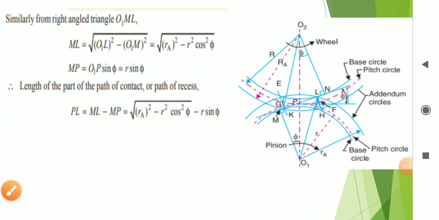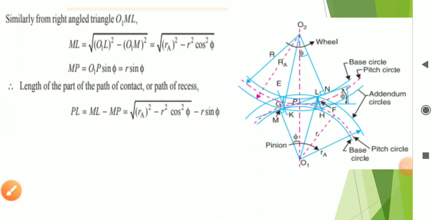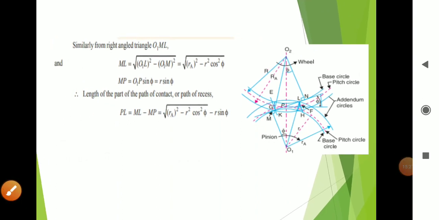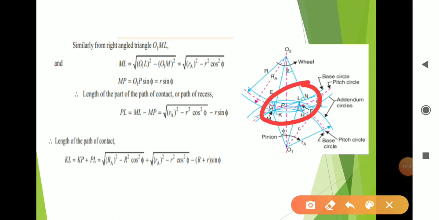Okay, if we add the path of approach and the path of recess, we get the path of contact. In the earlier derivation we got the path of approach, and now the path of recess. See here, the length of path of contact KL is KP plus PL.